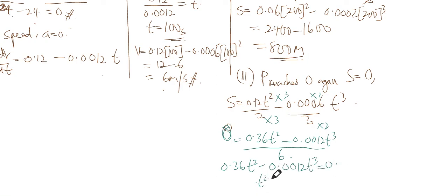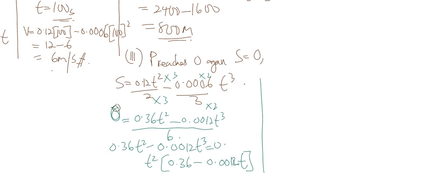Take out t²; what's left is 0.36 minus 0.0012t. From there, t equals 0.36 divided by 0.0012, and the answer is t equals 300 seconds.